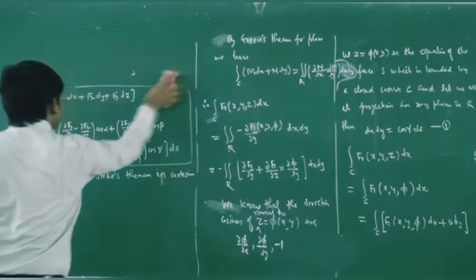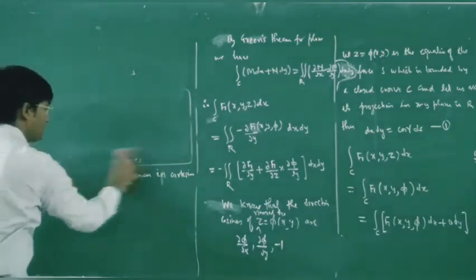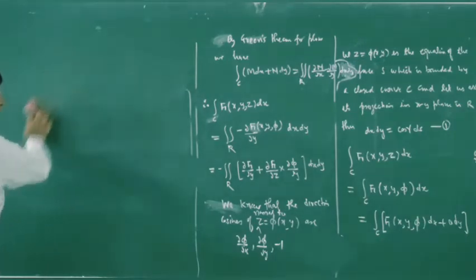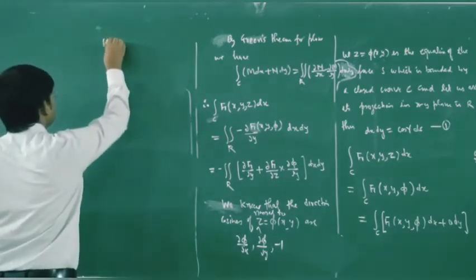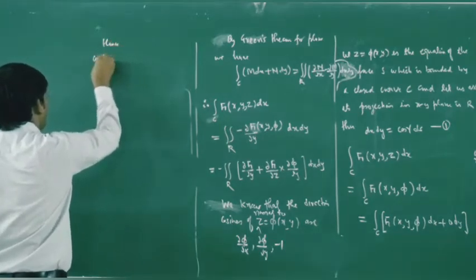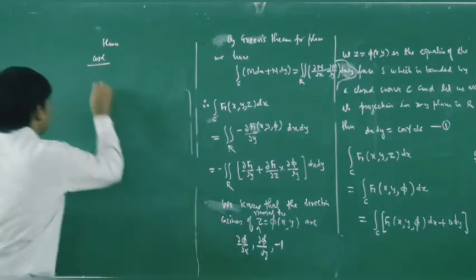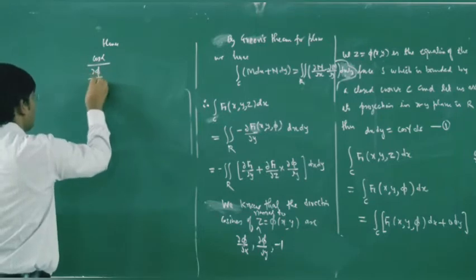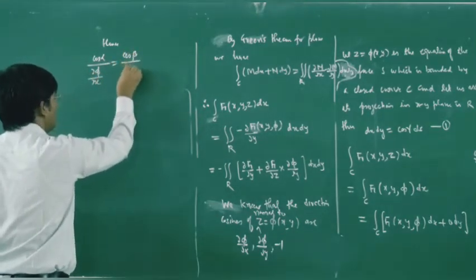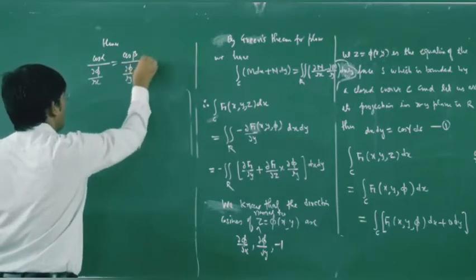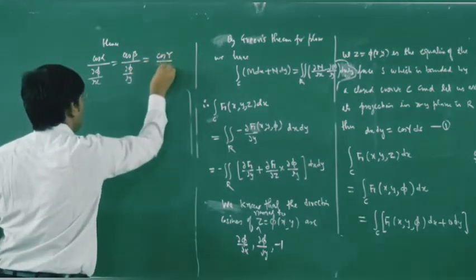Hence we have cos alpha upon del phi upon del x equal to cos beta upon del phi upon del y, and then cos gamma upon minus 1.